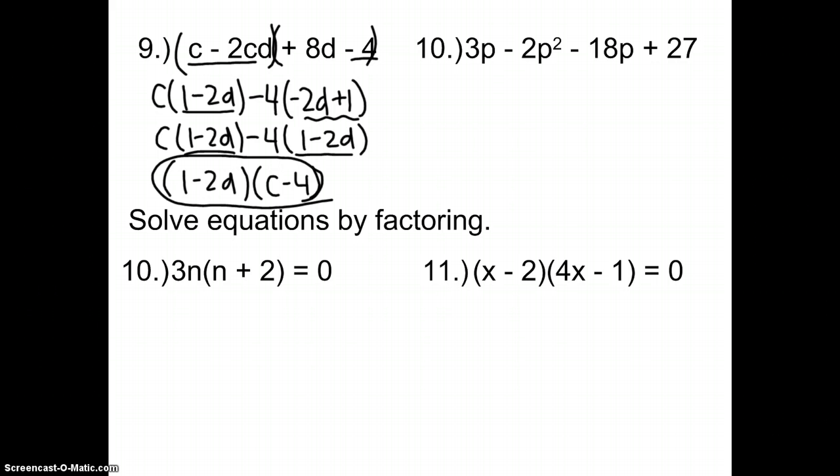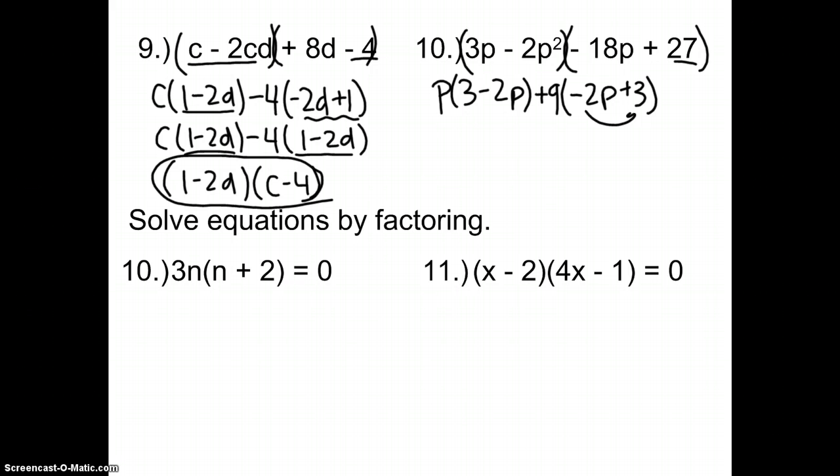Now if we look at number 10, we're going to combine our first two terms and our second two terms again. And we can pull out a p from the first term, so we have 3 minus 2p. And we want to get a 3, and we have 27, so if we factor out a 9, we have negative 2p plus 3.